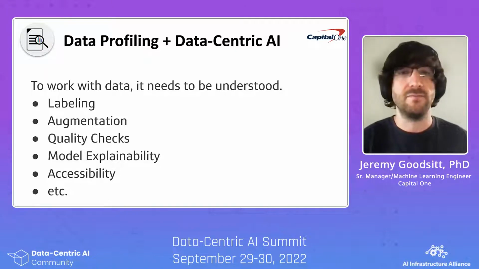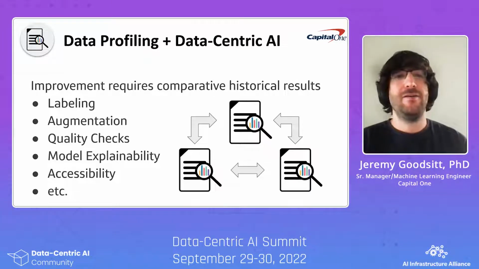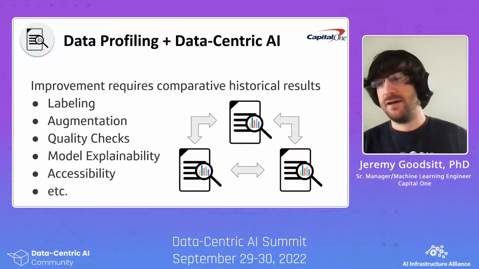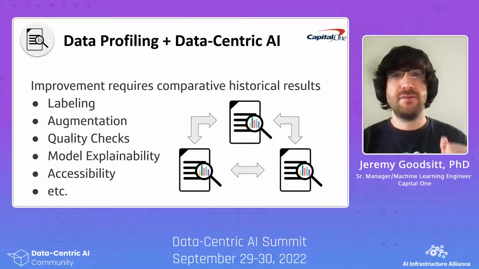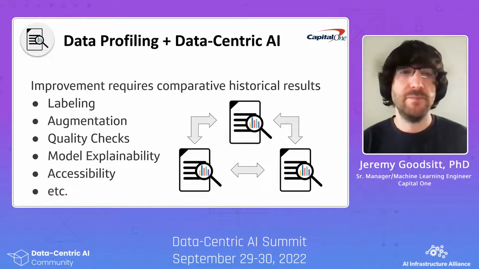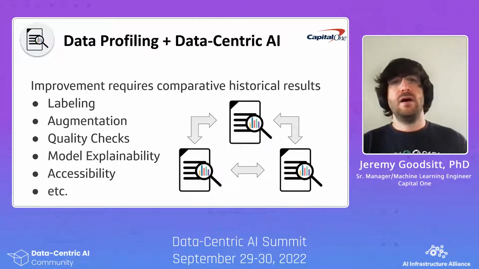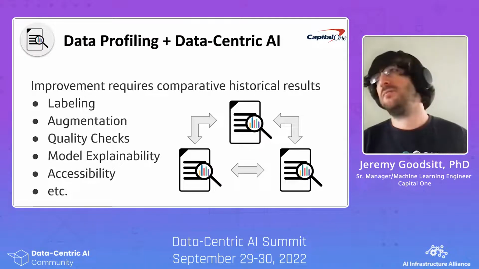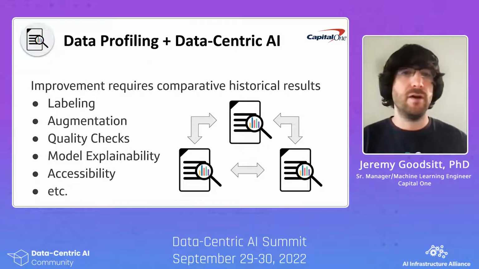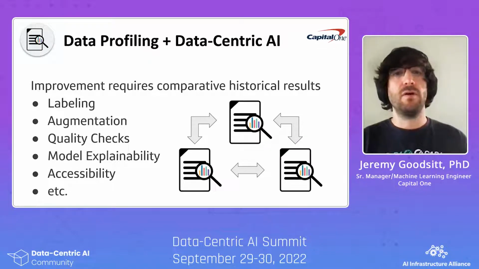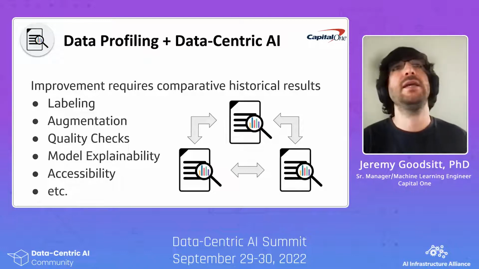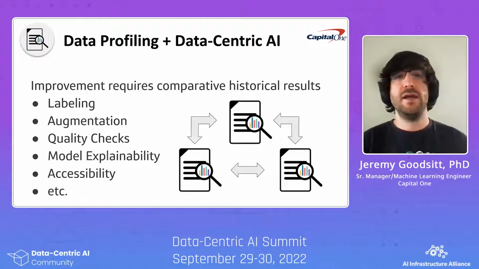The list goes on. But a single profile or a single understanding within a single data set only gives a snapshot for that one single moment. So obviously data changes, it's dynamic. And whether it's changing because it's coming in over a stream, or if you think about it in terms of labeling a data set, you might have two different people labeling the same data set, and they come up with differences in what they're identifying within that data set.